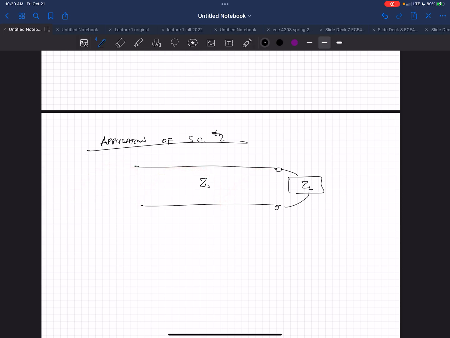So what we can use this tool for is to find Vmax, Vmin, basically the locations of Vmax and Vmin on the transmission line.